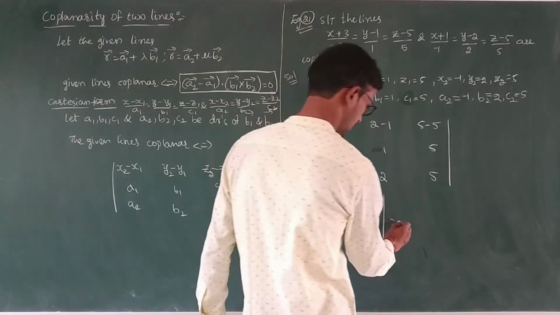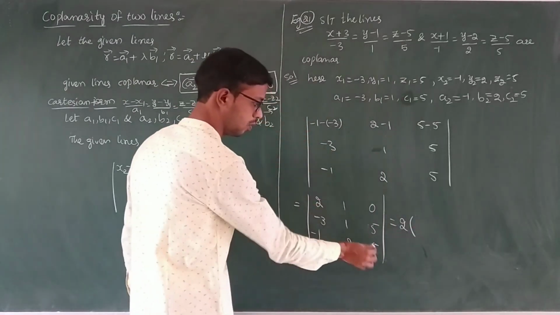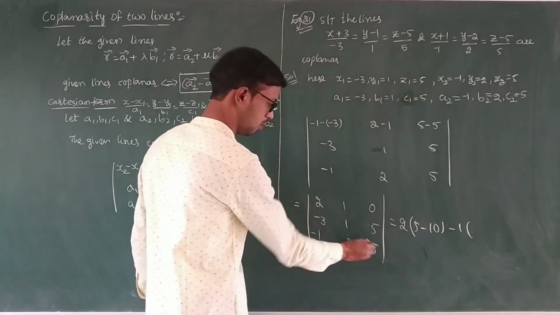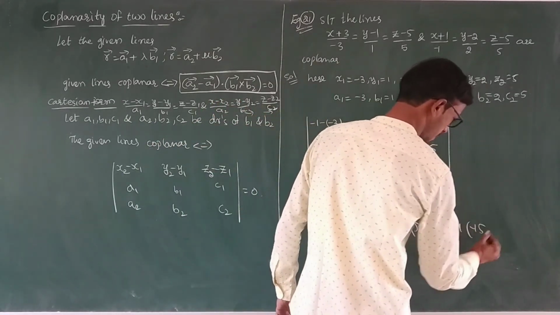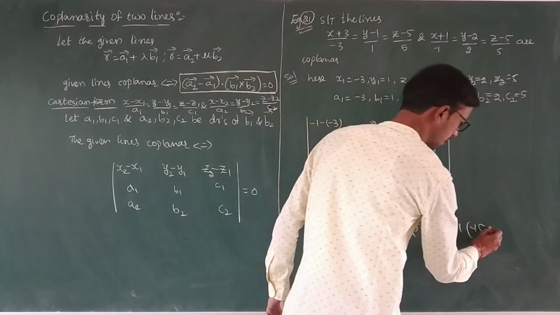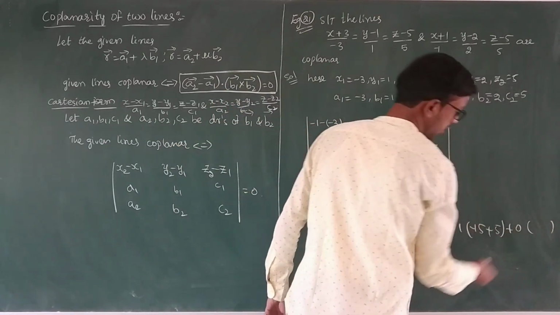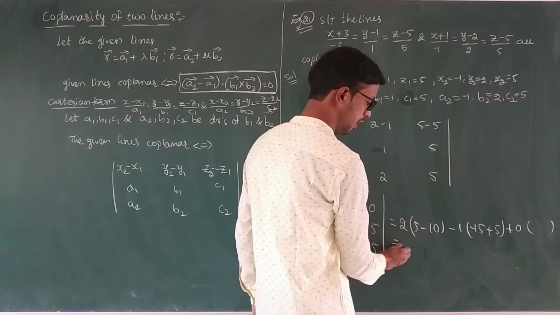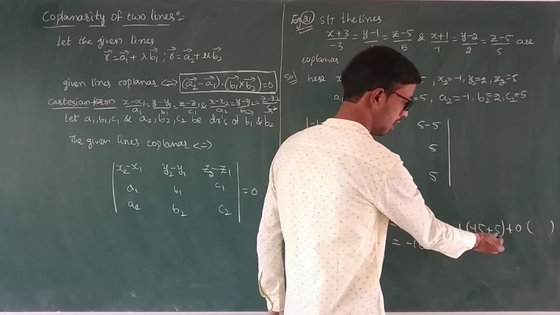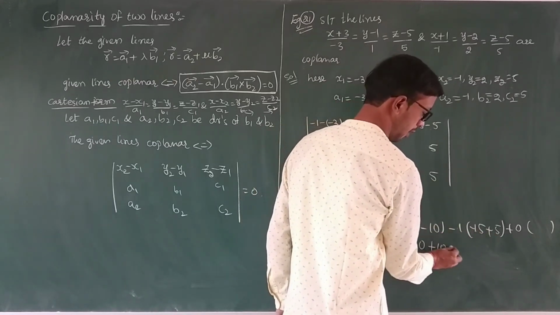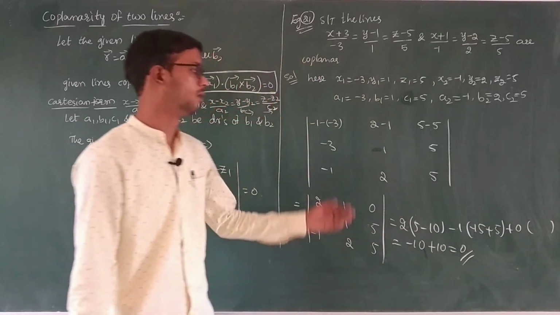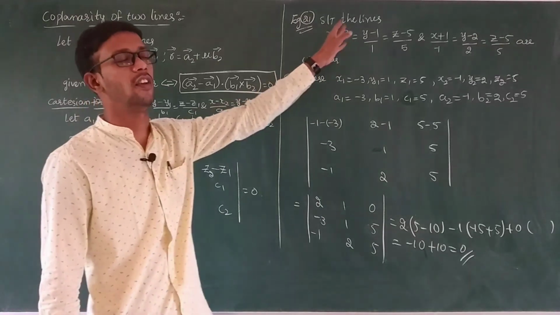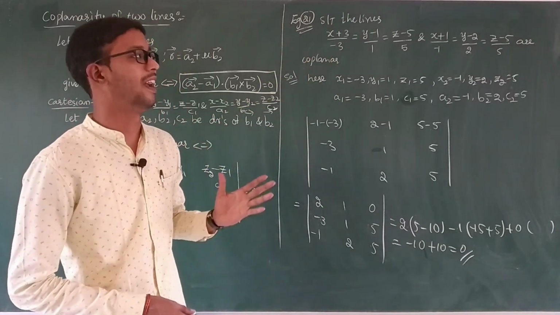Simplification, how to make? 2 into 5 is 10, minus 1 into minus 15, minus into minus, plus 5. Plus 0 into some value; no need to write 0 into. Next here, minus 5 into 2, minus 10. Here, minus 10 into minus 1, plus 10. Total 0. The determinant value 0 we are getting means the two lines are coplanar. The given two lines are coplanar, hence proved.